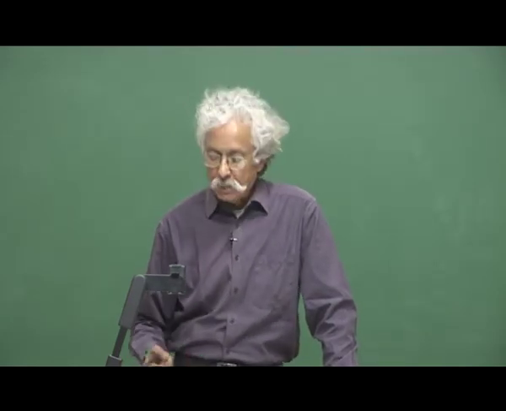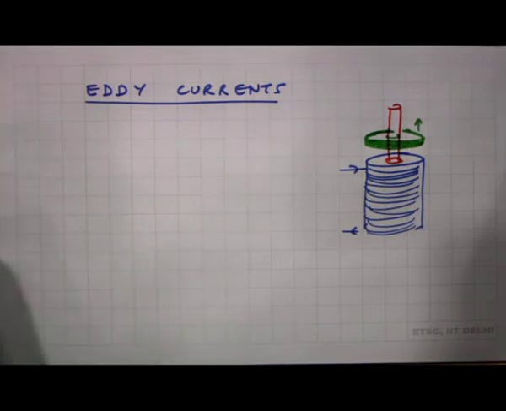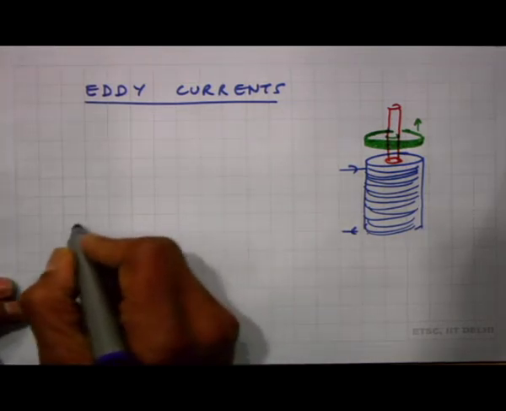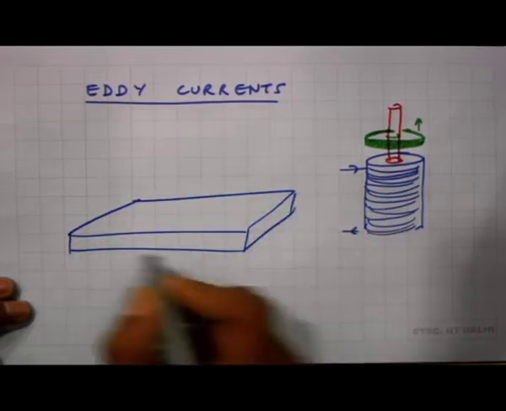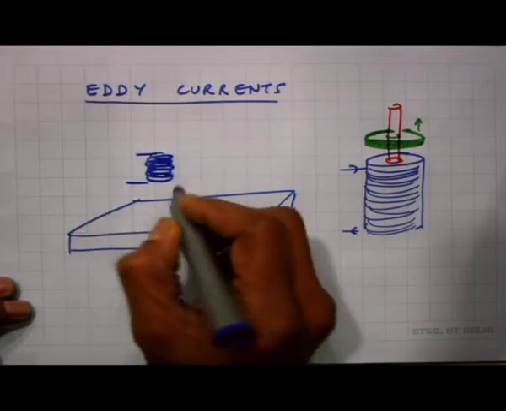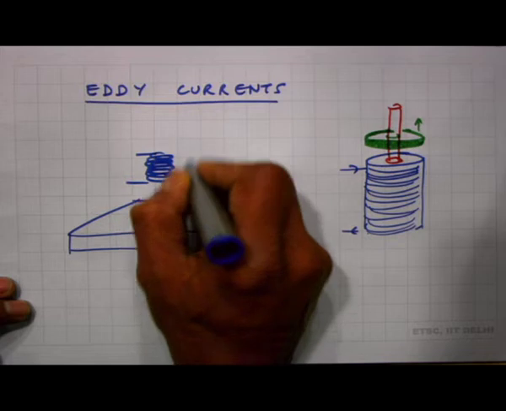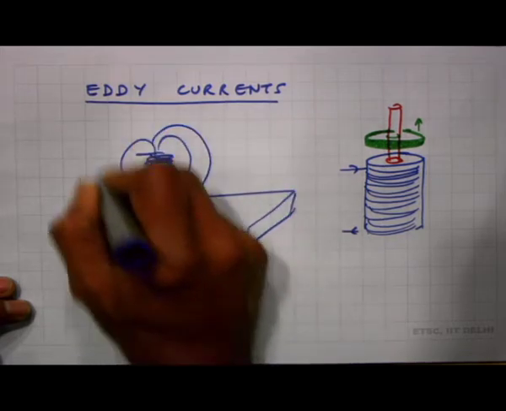Now, eddy currents can also happen in other situations. For example, let me draw another figure to show you another kind of eddy current. Suppose I had a conducting surface here, a solid conductor, and I had a solenoid carrying current. The solenoid will have its own magnetic flux surrounding it.